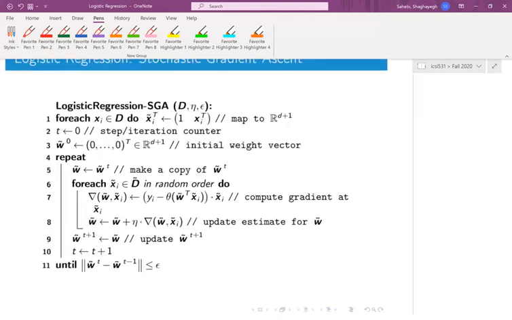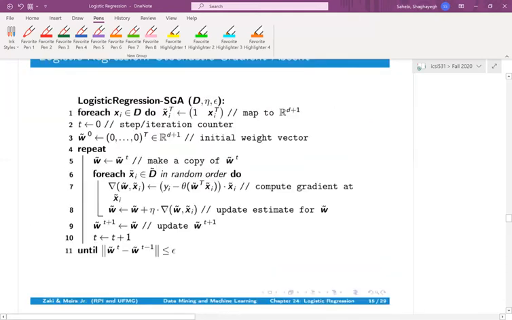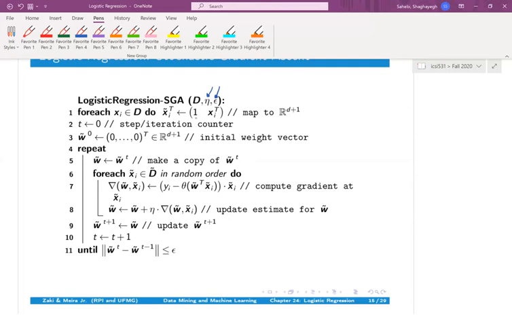What we have is that our input is data D, and this is, if you remember, the step size or learning parameter that is also an input to the algorithm. You set it, and also this epsilon is going to help us to decide when to stop iterating. So first of all, we add a 1 to each of our data points to make them augmented, so as not to treat biases separately.